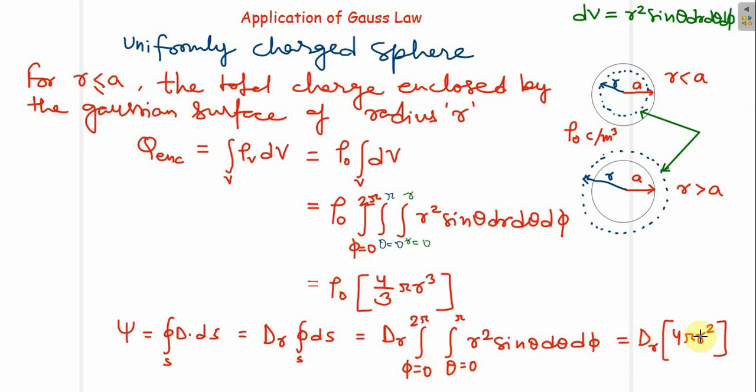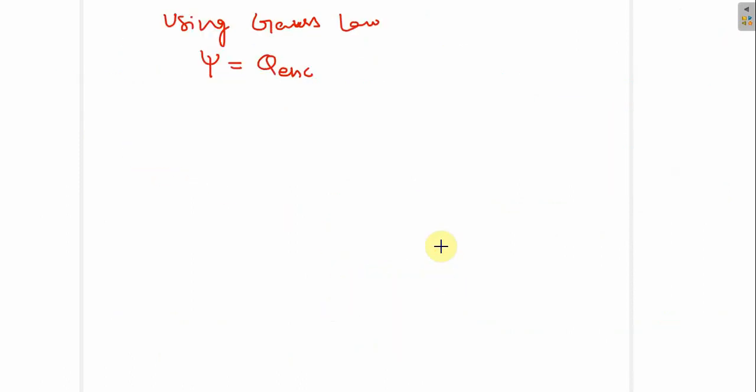This psi is Dr into 4 pi r square, and what is the value of Q enclosed? We have determined rho 0 into 4 by 3 pi r cube. So we can equate them. So it is Dr into this 4 pi r square equals the charge enclosed, which was 4 by 3 pi r cube into rho 0.